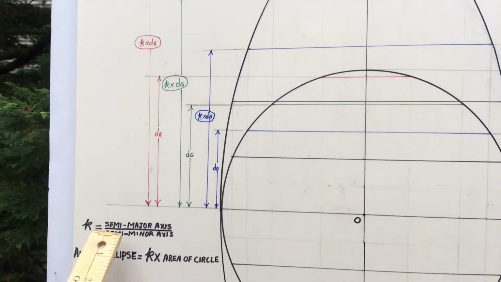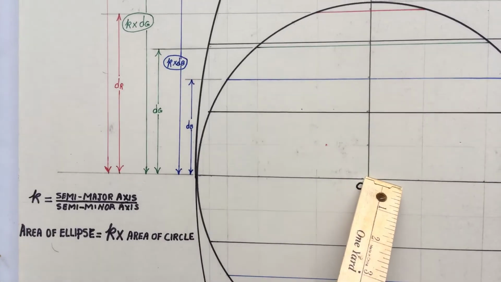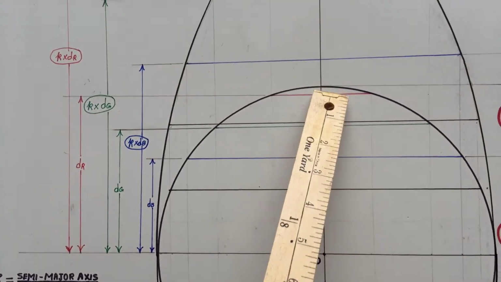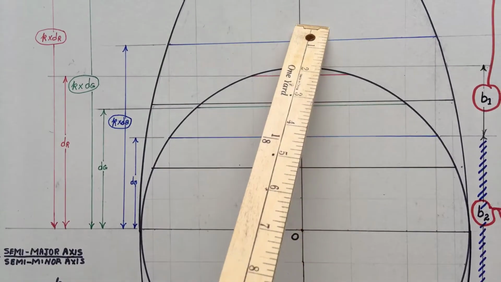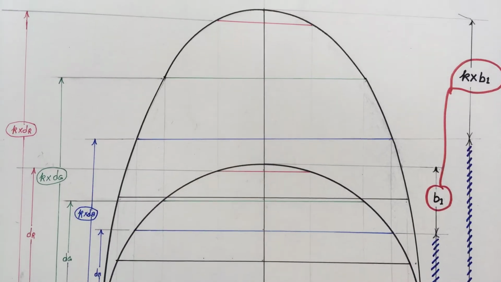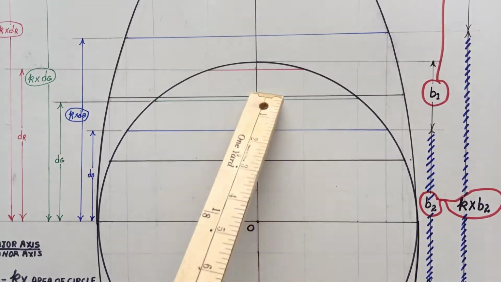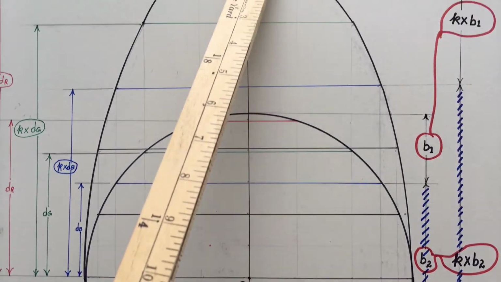This k is actually the radius of this circle, the radial distance, transformed into the semi-major axis of the ellipse. So this distance of the radius from O to this point is transformed on the ellipse from O to this point.